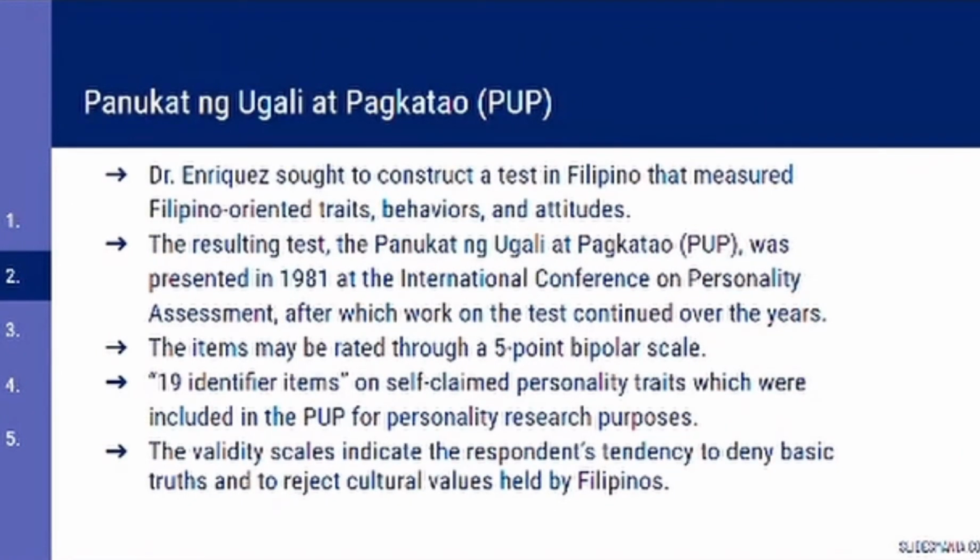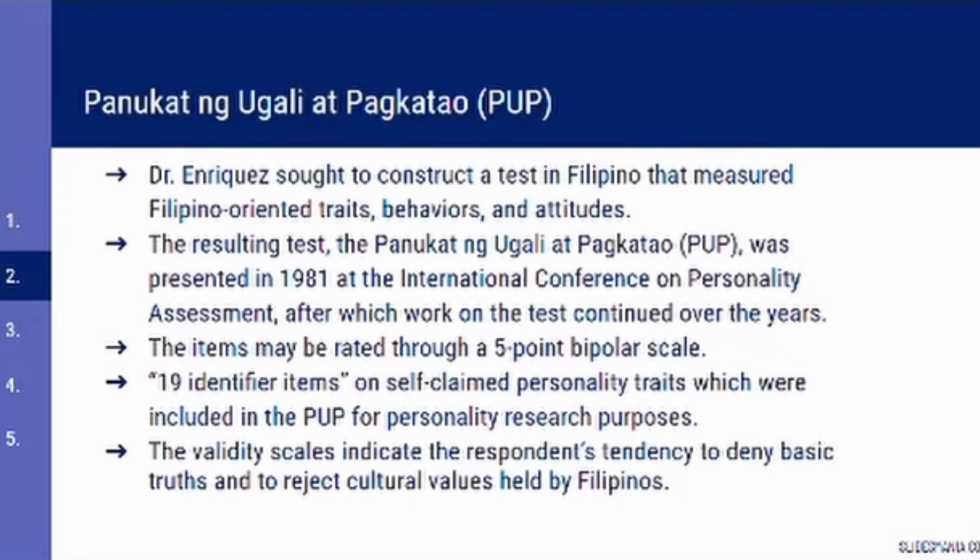Dr. Enriquez sought to construct a test in Filipino that measured Filipino-oriented traits, behavior, and attitudes. The resulting test, the Panukat ng Ugali at Pagkatao, PUP, was presented in 1981 at the International Conference on Personality Assessment, after which work on the test continued over the years.